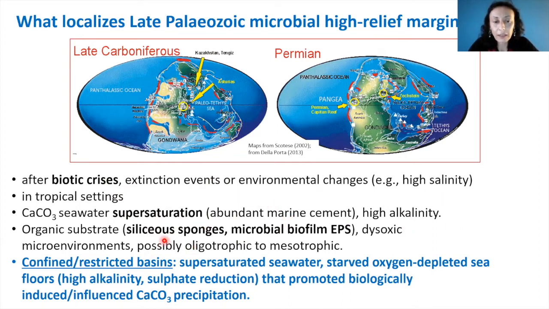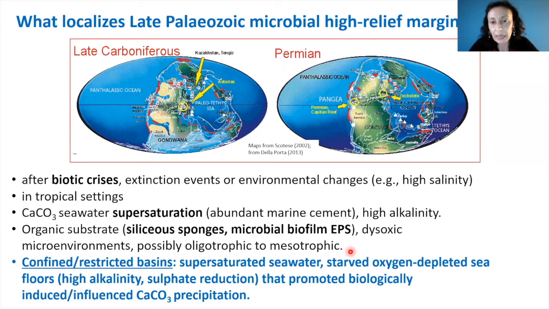They are often in settings where trophic condition and nutrient level allow the development of abundant organic substrate, either by siliceous sponges or the development of microbial mats.